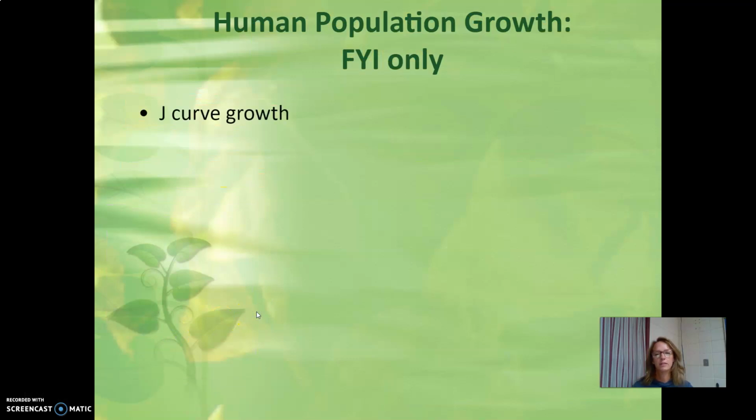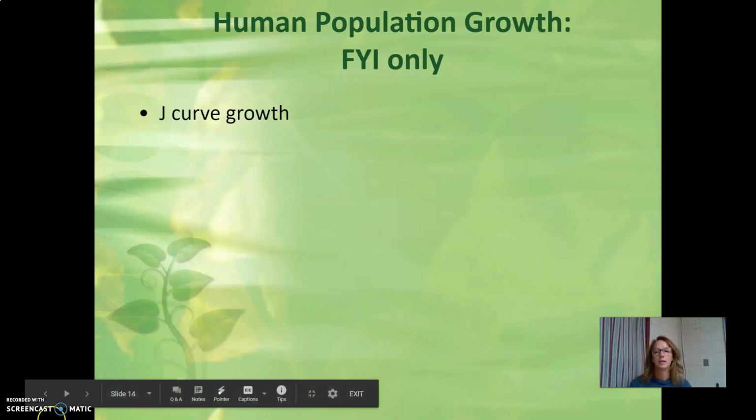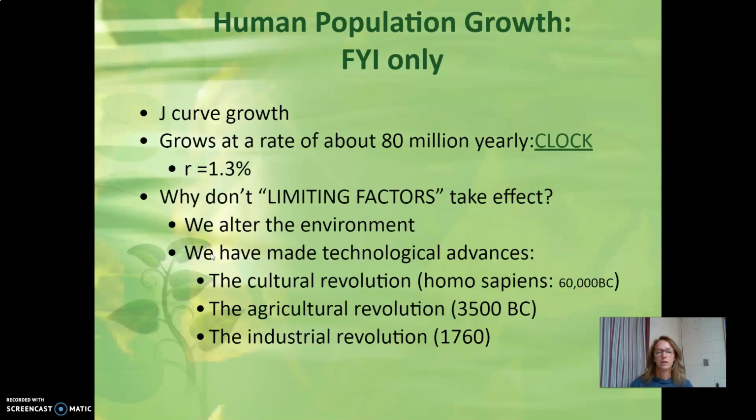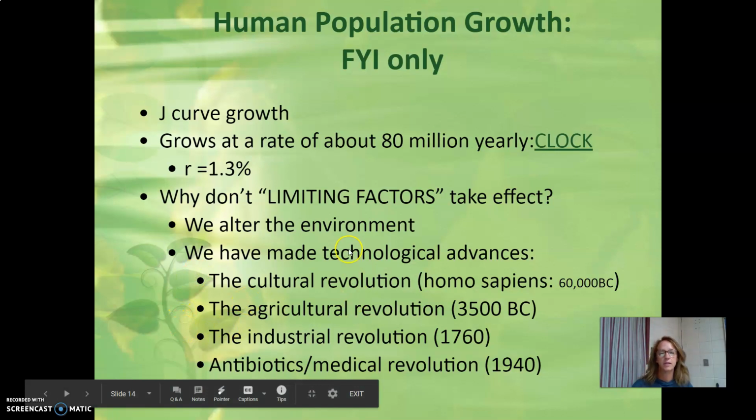All right, the rest of these slides, we're going to talk about human populations because it is affecting us right now, especially with the coronavirus. And humans don't normally follow these biological population curves because of technology.